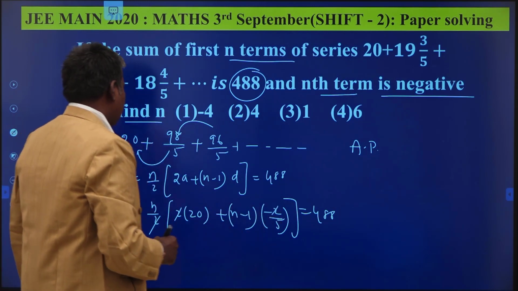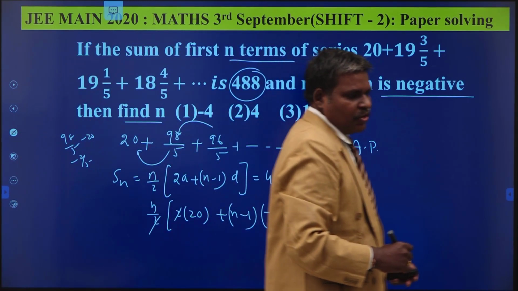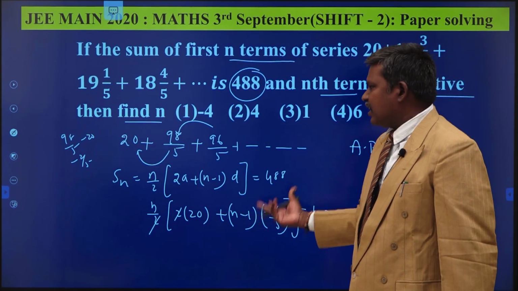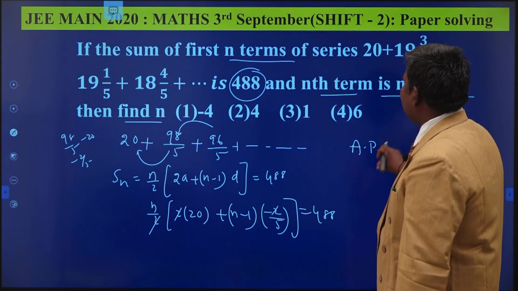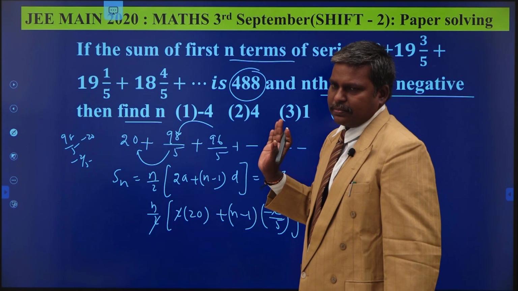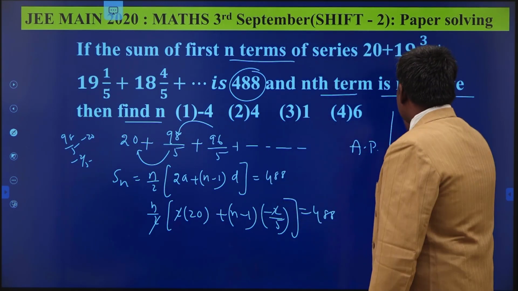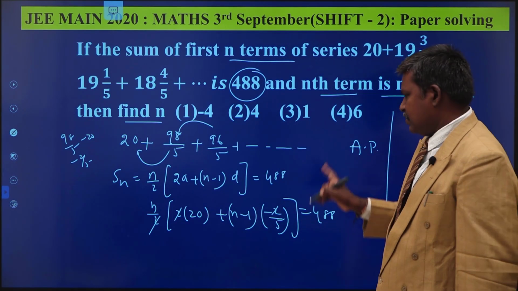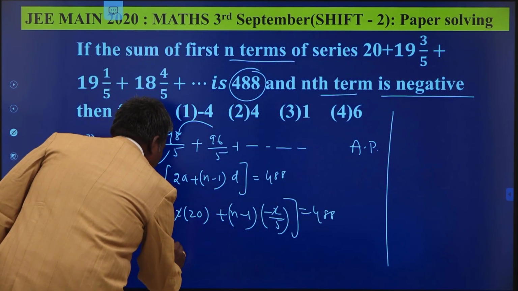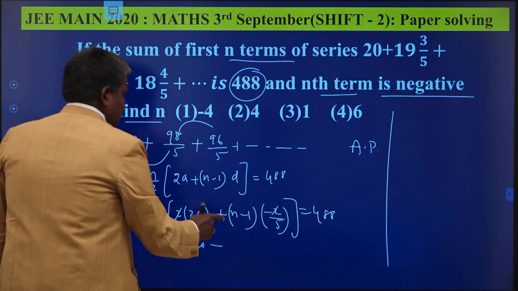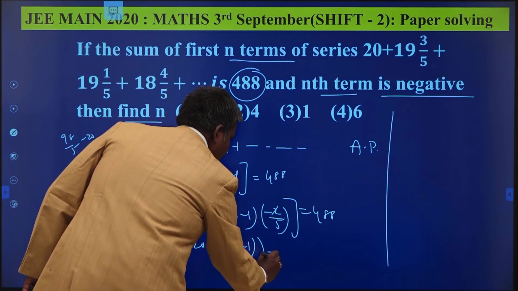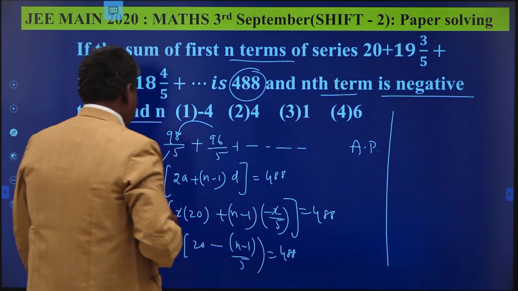The 2 gets cancelled here and we get a quadratic equation. By solving the quadratic equation, we get n, the number of terms. The given condition is that the nth term is negative. Listen carefully. Now, n times (20 minus (n minus 1) by 5) is 488.